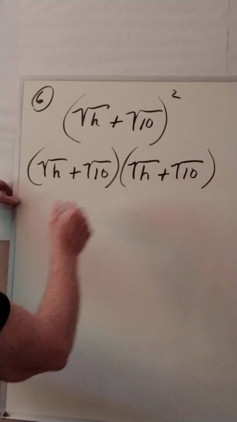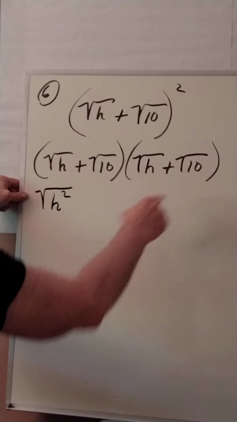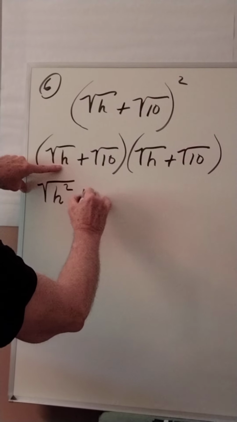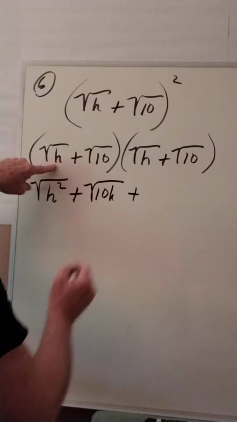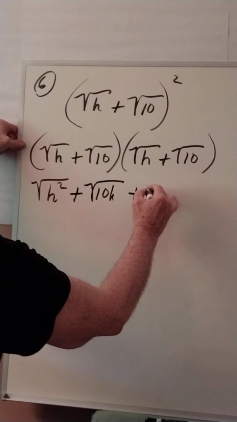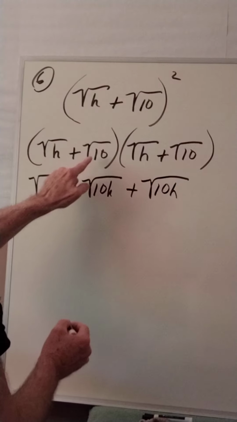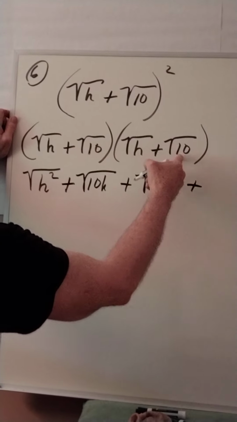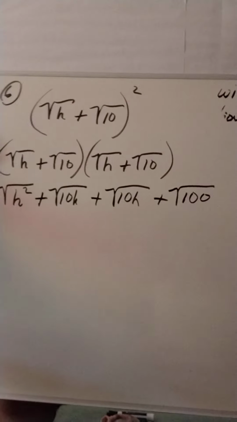First terms, radical of h squared. Outer, they're both positive. Positive root 10h plus, same thing, plus radical of 10h. And then last, plus radical of 10 times radical of 10 plus radical 100.